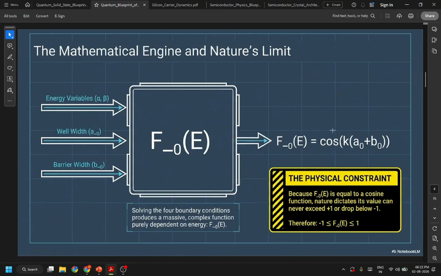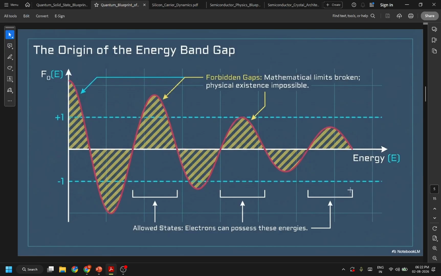Now this creates a physical constraint, because f(alpha naught, E) is equal to a cosine function. It simply means that the value of this must be between -1 and 1.